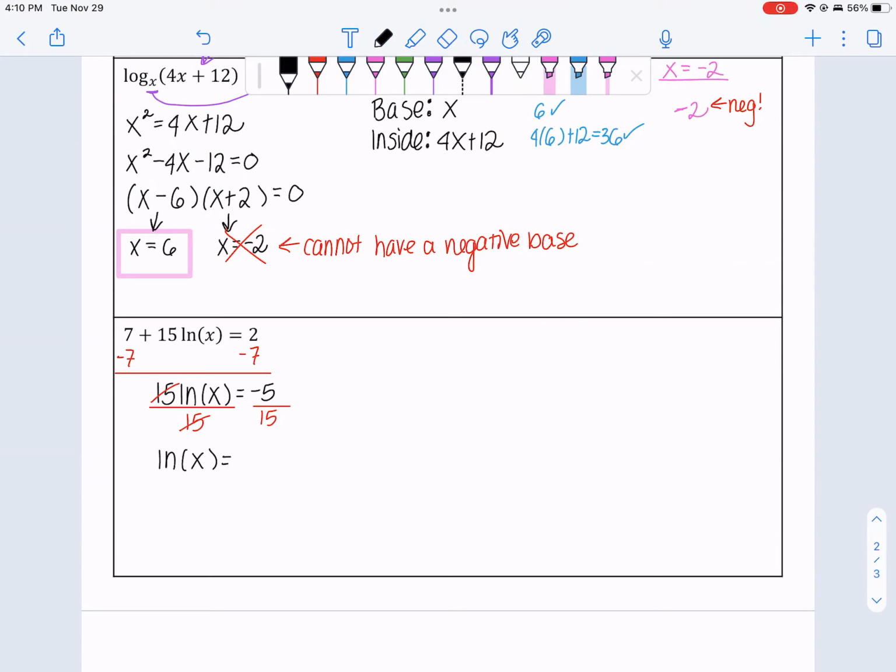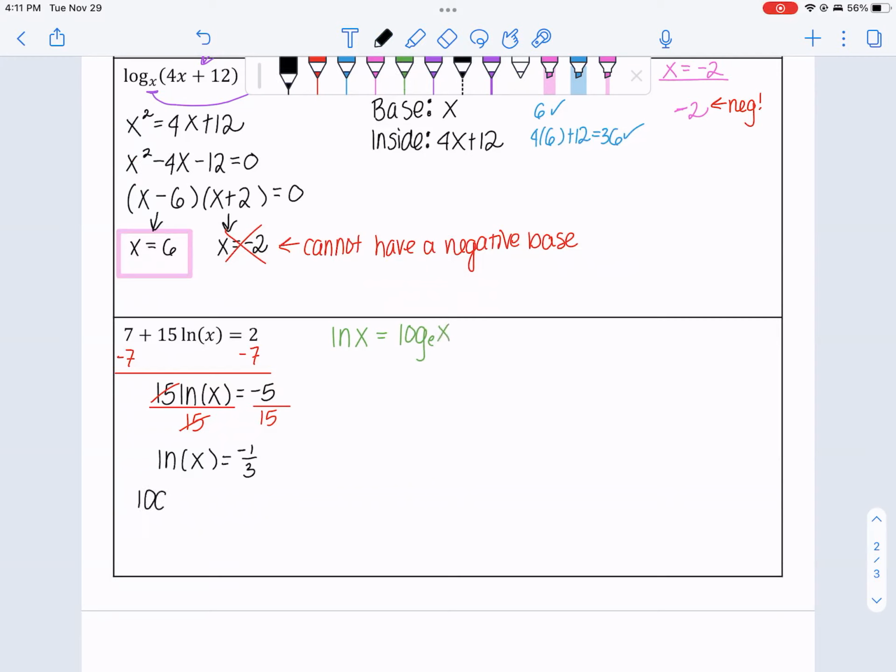Careful, this is not negative 3. This is negative 1/3. I need to rewrite this as an exponential, which means I need to remember that ln of x is the same thing as log base e of x.